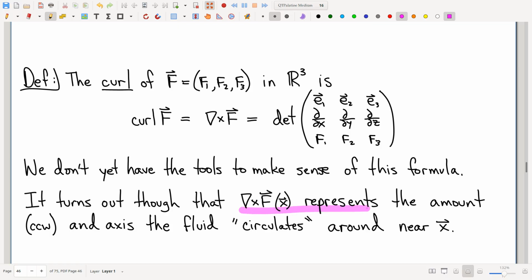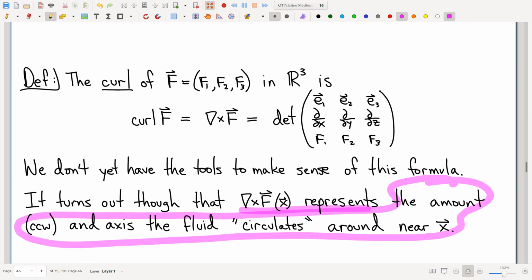What does curl represent? It represents, in a sense that I can't make quite precise just yet, to what extent the fluid is kind of, I'm going to use the term circulating. We're going to define that later. But in some sense, it's measuring how much the fluid is kind of rotating.